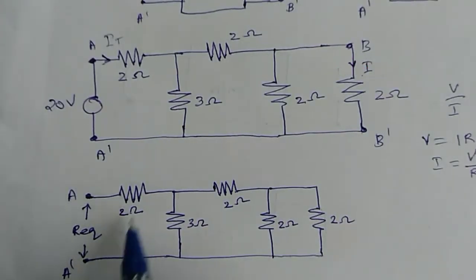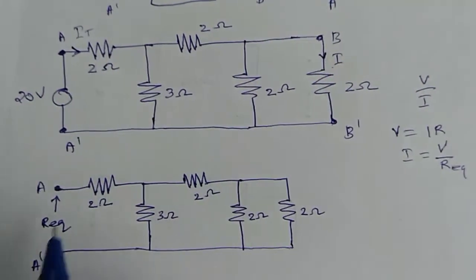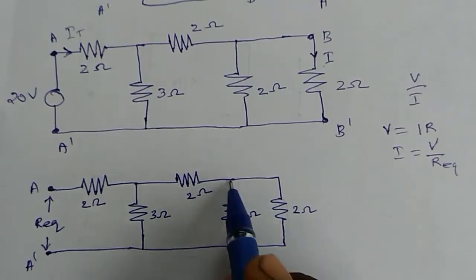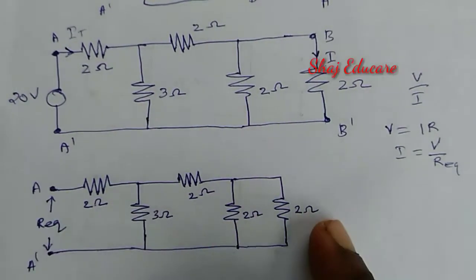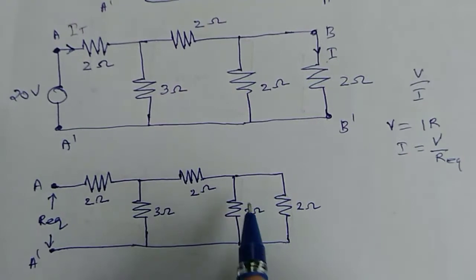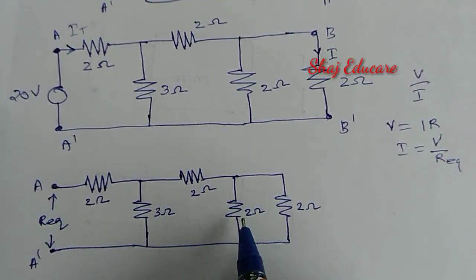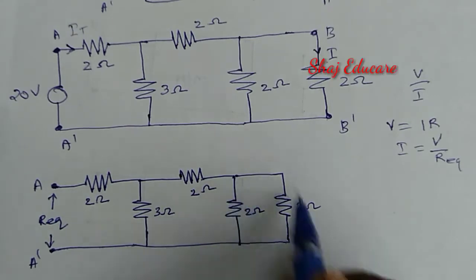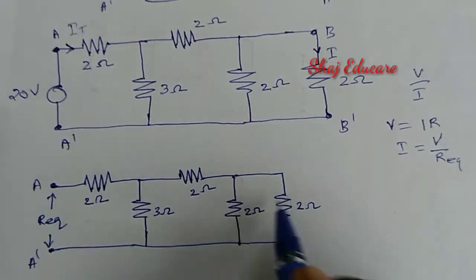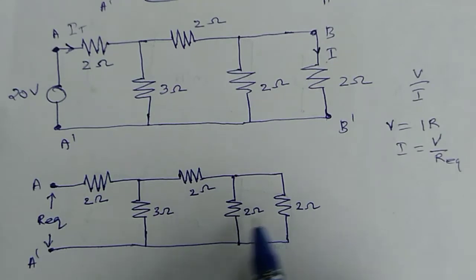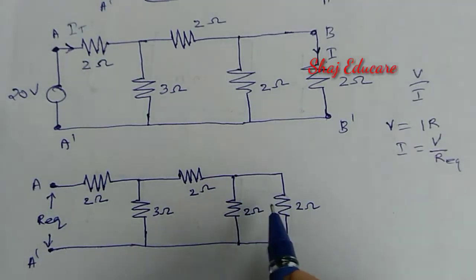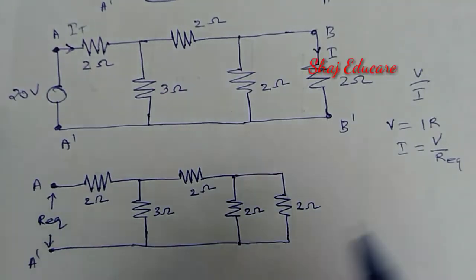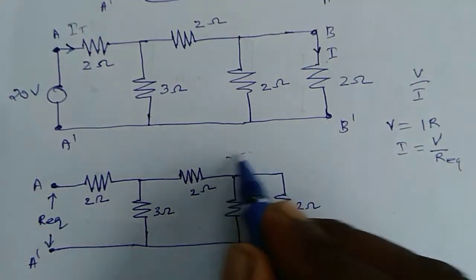Let us solve for the resistance from the other end onwards. What about the relationship between these two ohm resistors? If we look at them, both these resistances are connected in parallel to each other.